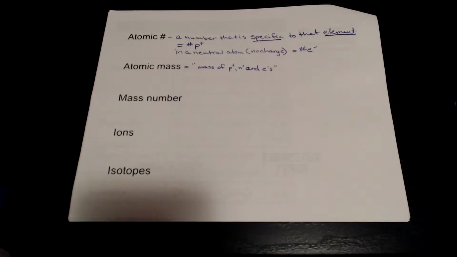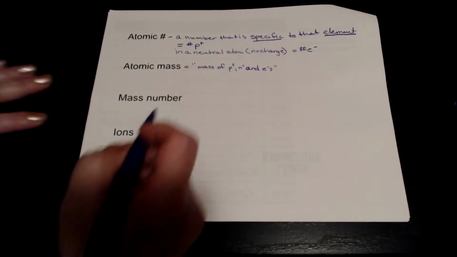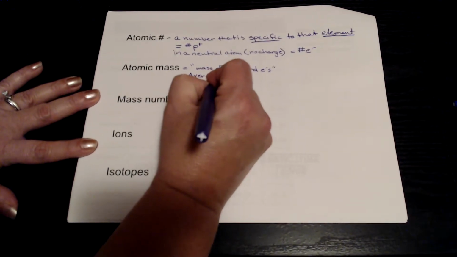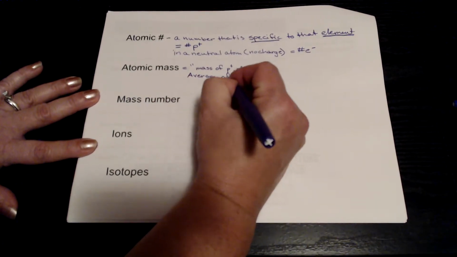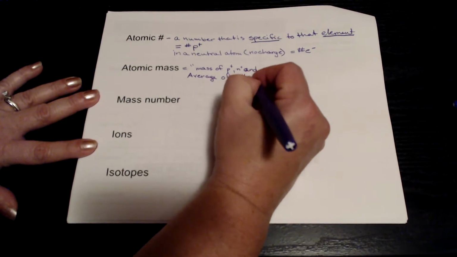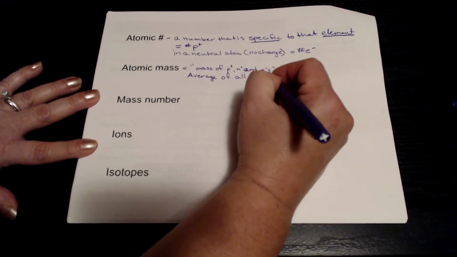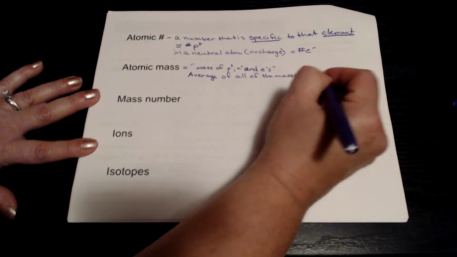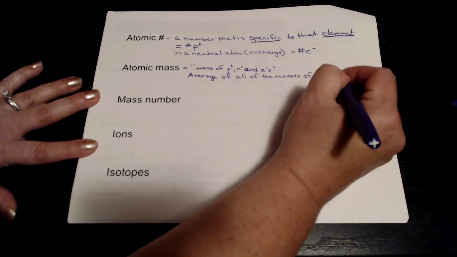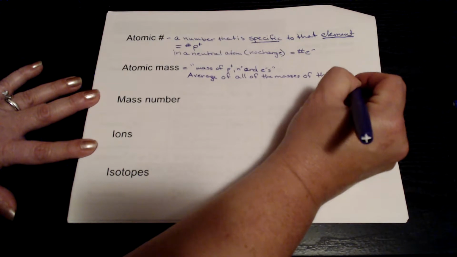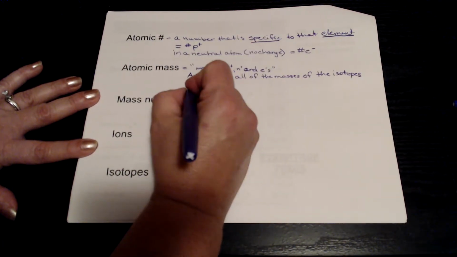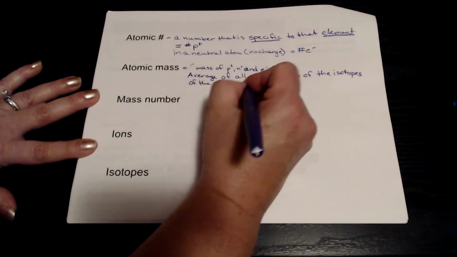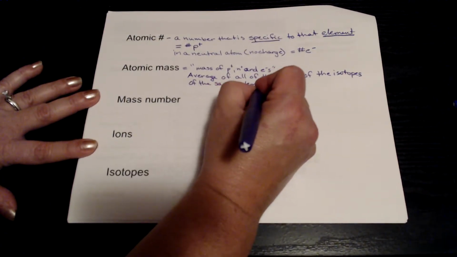However, what we really know the atomic mass to be is the average of all of the masses of the isotopes of the same element.